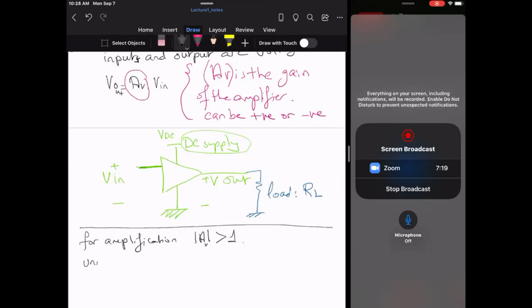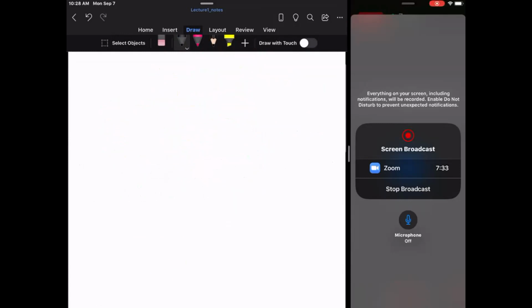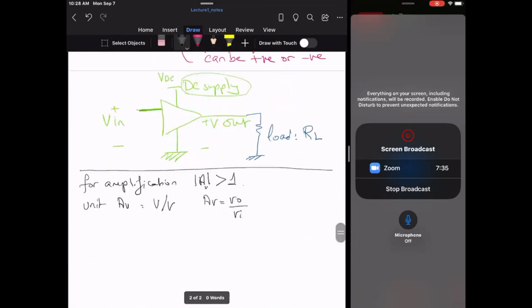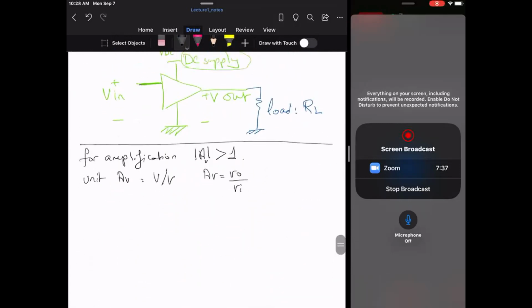The unit for AV, if I have a voltage amplifier, is volts per volt. And the definition for AV is V out over V in, or VO over Vin.